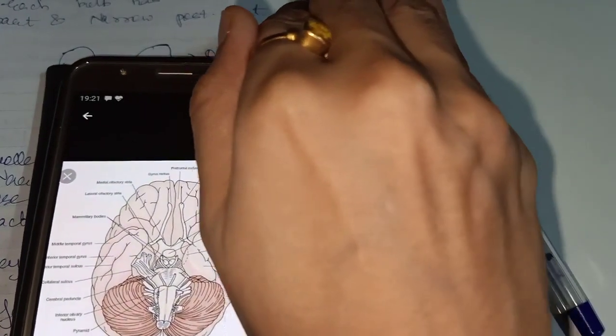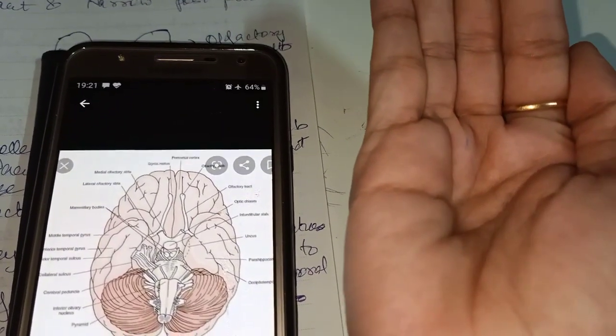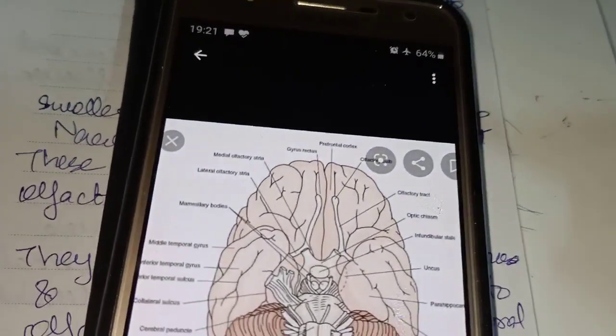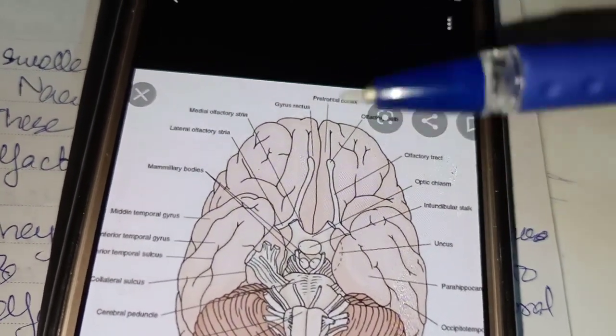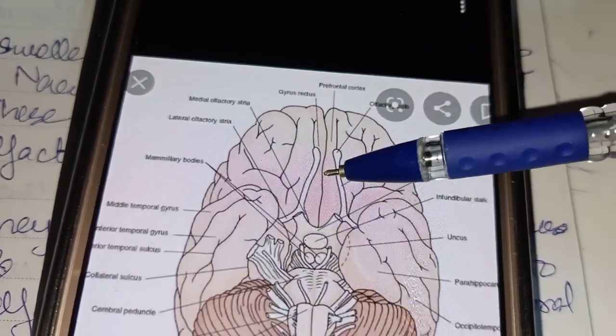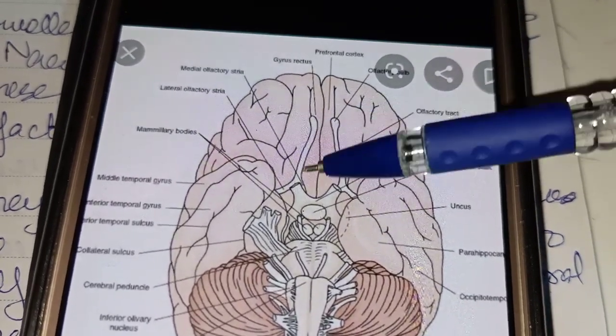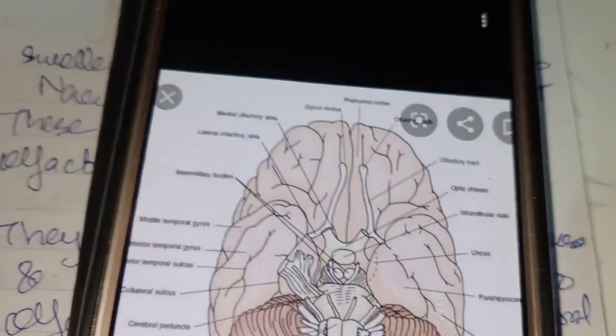So this is the cerebral hemisphere, and if you completely turn it, this is the inferior surface, and here you will be able to see the olfactory lobes. It consists of the anterior swollen part, the olfactory bulb, and the posterior narrow part, the olfactory tract.